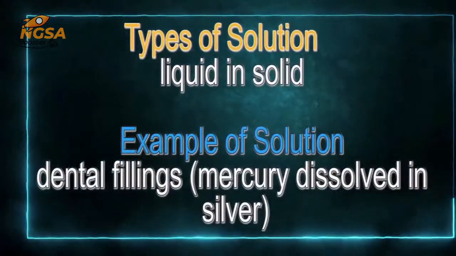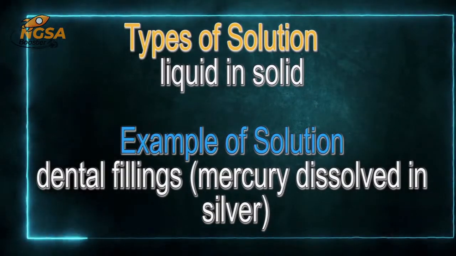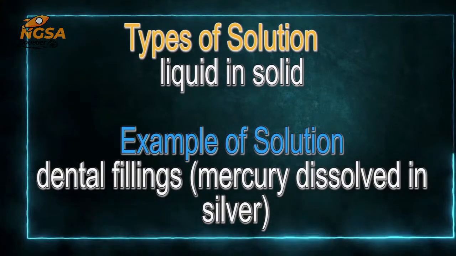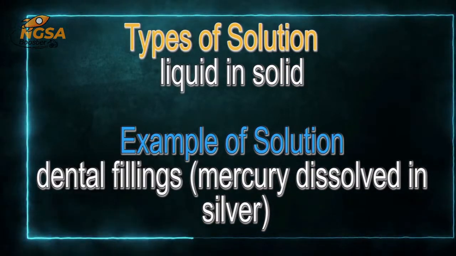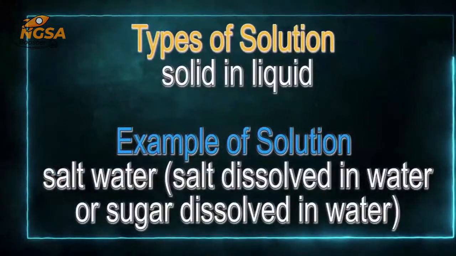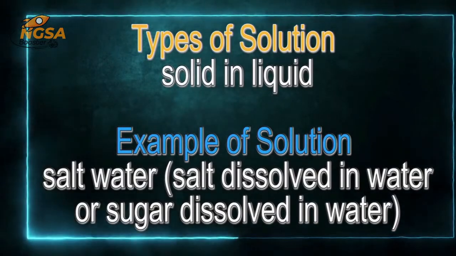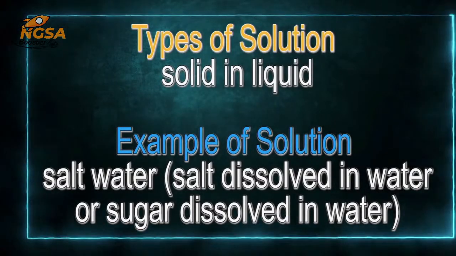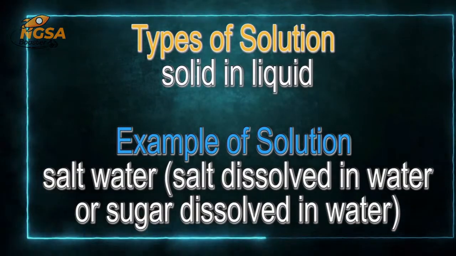Liquid in a solid, dental fillings that the dentist would use. This comprises mercury dissolved in silver. Solid in liquid, salt water, salt dissolved in water, or sugar dissolved in water.